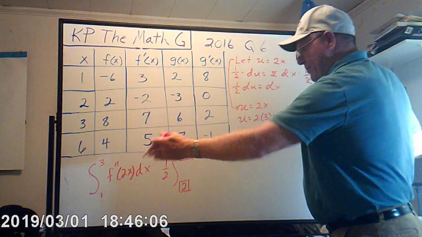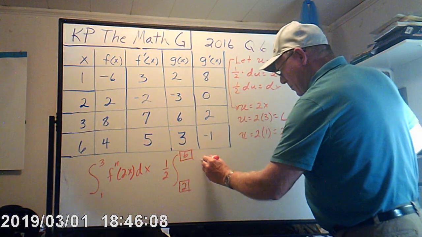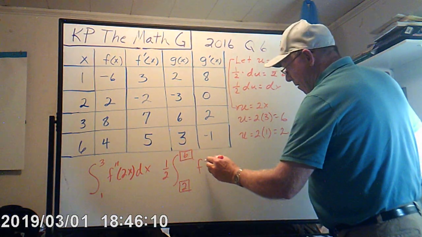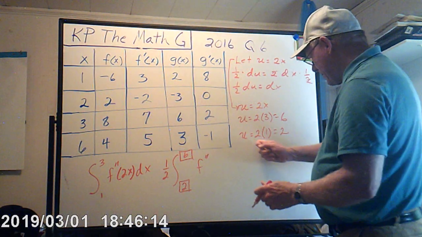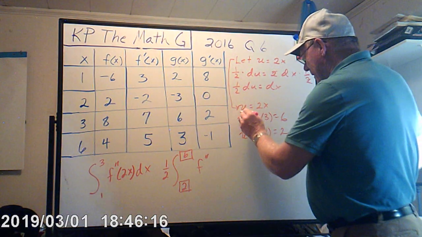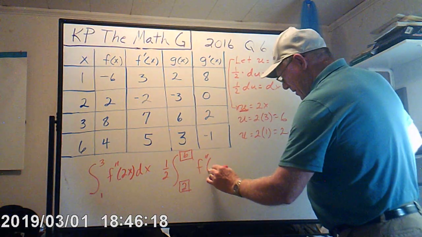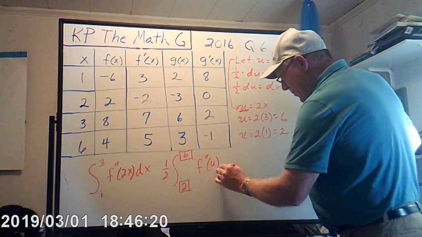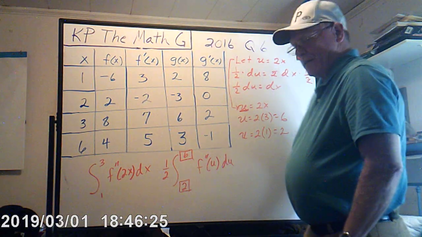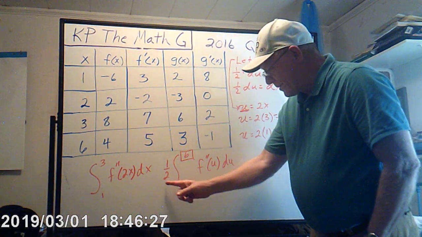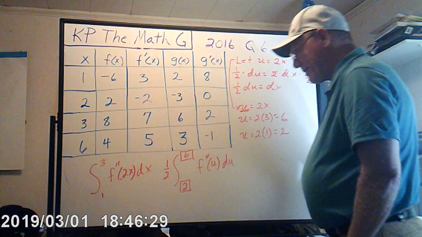And then instead of using f double prime at 2x, now we eliminated the 2x. We let u be 2x. So now f double prime at u, du. See that? Don't forget you do have 1/2 sitting out here.